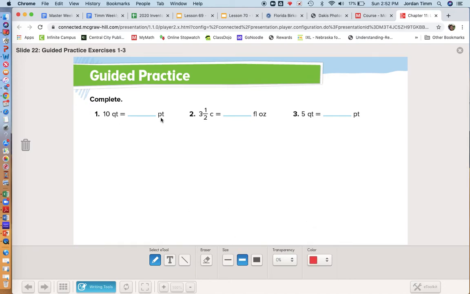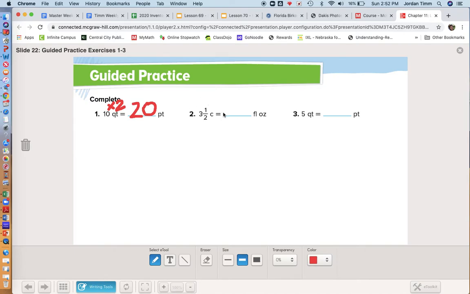I want you to find how many P's there are in 1 Q. How many pints are in a quart? And we're going to multiply it. So you should have found that there are 2 pints in a quart. So 10 times 2 is 20. Fill in 20. So 10 quarts equals 20 pints.